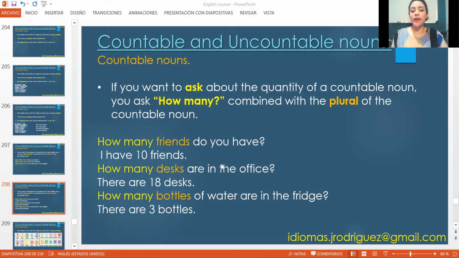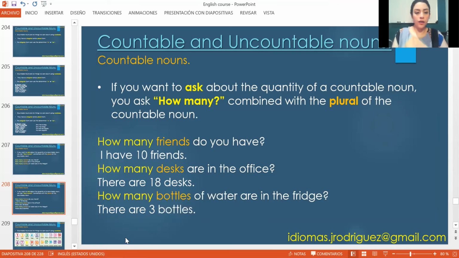There are 18 desks. Hay 18 escritorios. I can use numbers to count desks. And the last one, how many bottles of water are in the fridge? There are 3 bottles. Hay 3 botellas, and bottles is countable because I can use numbers.